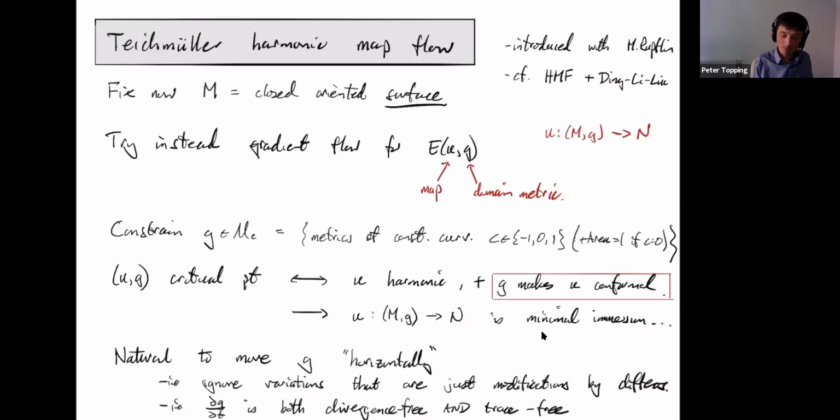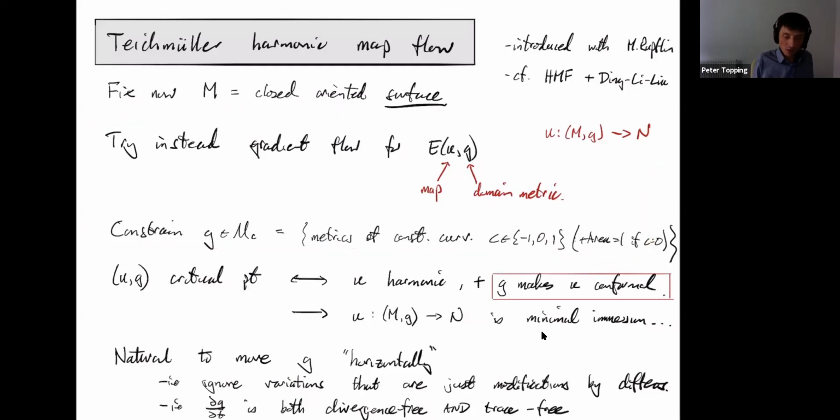I'm going to take the metrics to be not only of constant curvature, but by scaling, we may as well take the constant to be either -1, 0, or 1, depending on the genus, as usual. There is a bit of flexibility if we're on a torus, because then you can just scale at will. So let's normalize in that case. That's the C equals 0 case. Let's normalize so the area is, say, 1. Okay, so we've got a variational problem here.